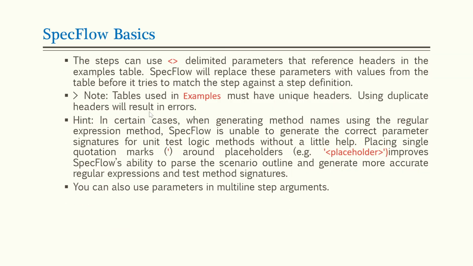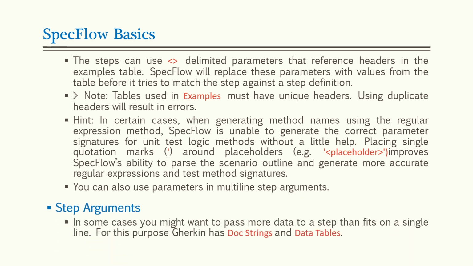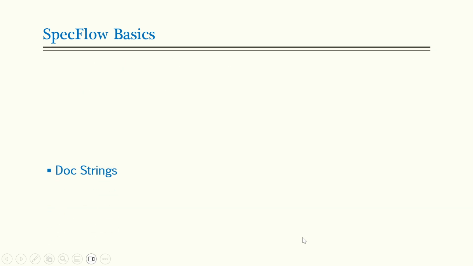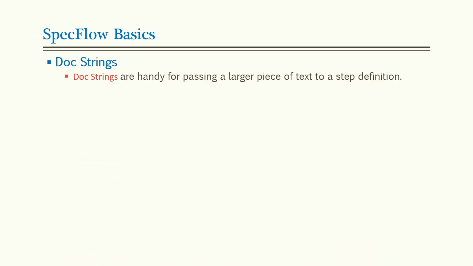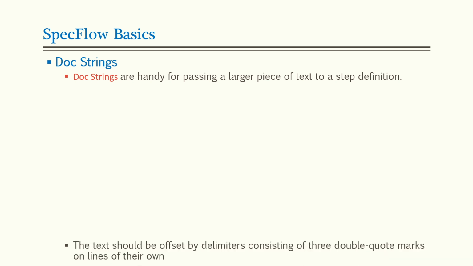You can also use the parameter in multiple step arguments. In some cases, you might want to pass more data in a step than fits on a single line. For this purpose, Gherkin has the doc string and data table. So doc strings are handy for passing a larger piece of text to a step definition.